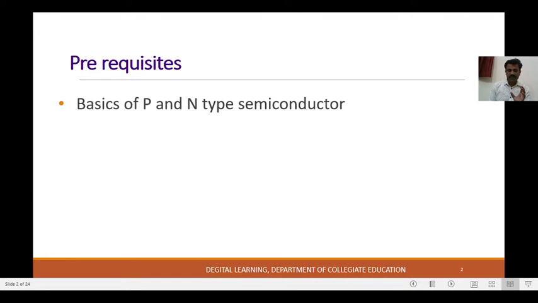We get an n-type semiconductor when donor impurities, or pentavalent materials, are doped with pure silicon or germanium.